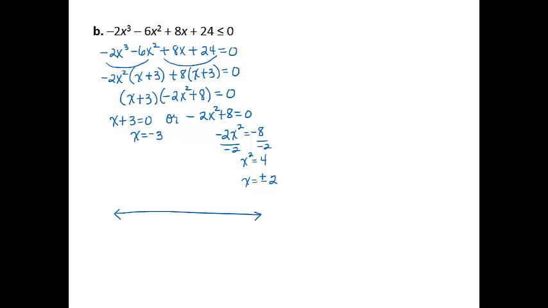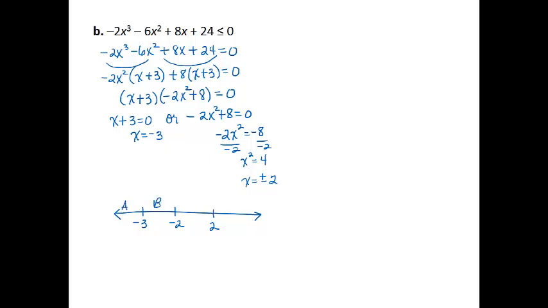We can place these solutions, these zeros, or also called boundary numbers, on the number line. Place them in order from smallest to largest, so negative 3, negative 2, and 2. And from that, notice that we have 4 regions to test.